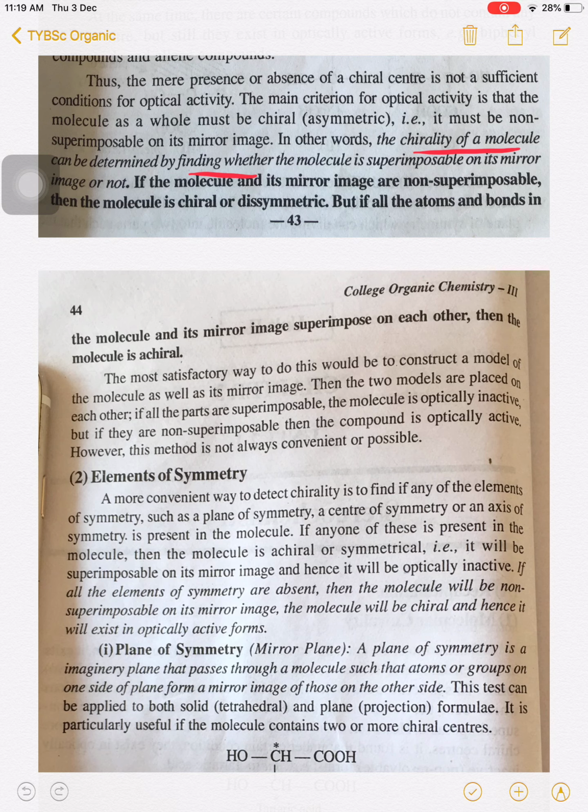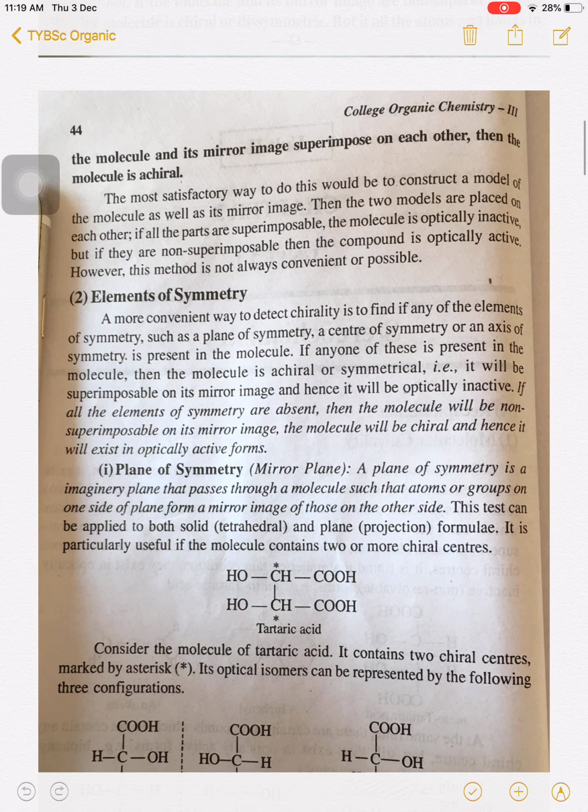So this is the most important line to understand the stereochemistry of molecules which do not have any chiral centers. If a molecule and its mirror image are non-superimposable, then the molecule is chiral. But if all the atoms and bonds in the molecule and its mirror image are superimposed with each other, then the molecule is achiral, meaning optically inactive.